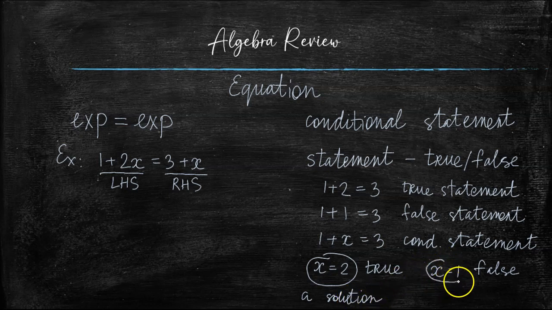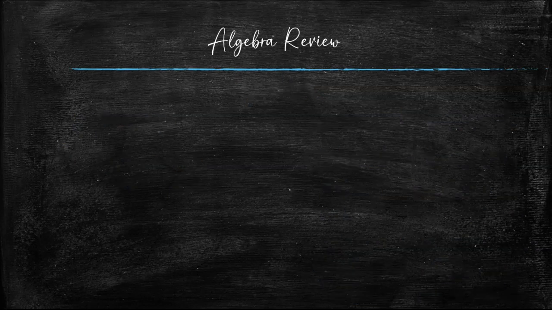And x equals 1 will be an example of something that is not a solution. Now, equations may have one solution, as the one that I just showed you.